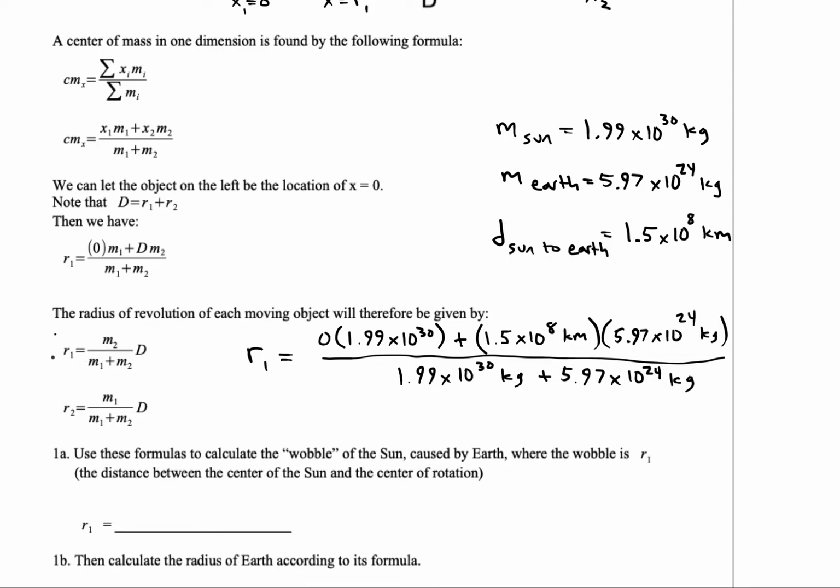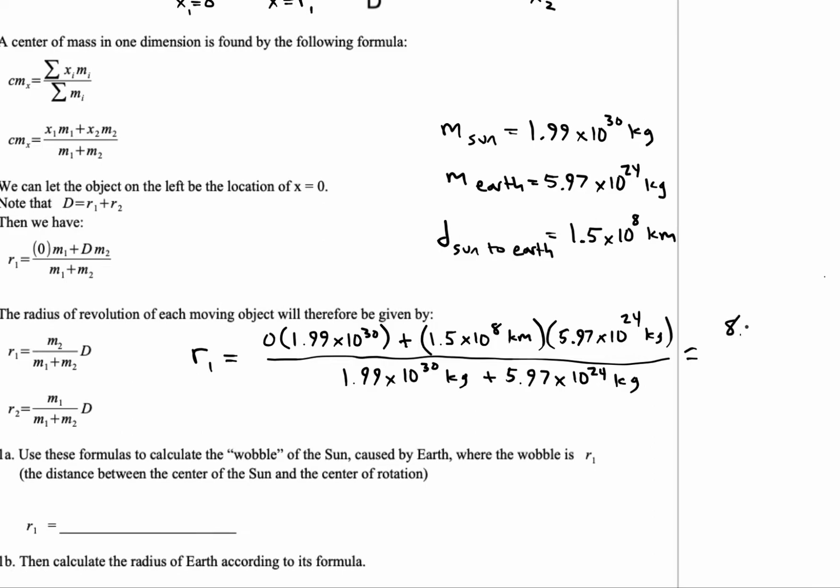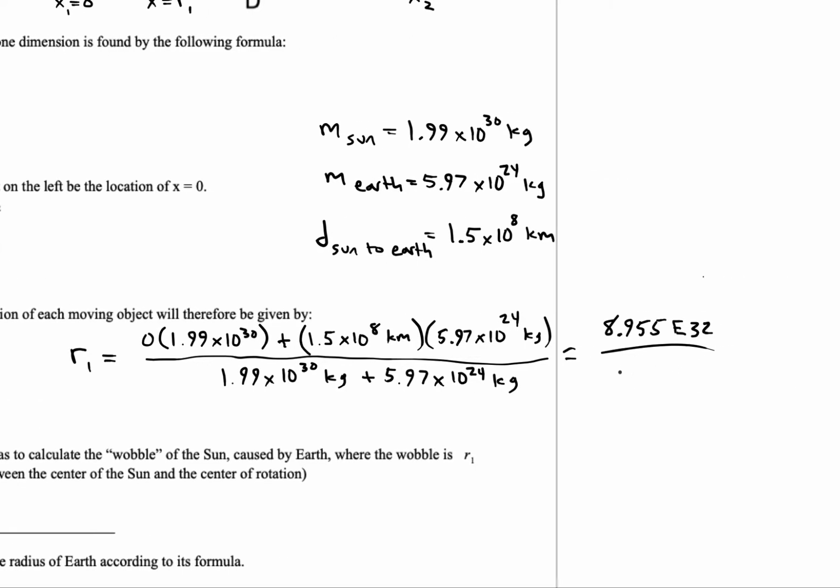Could be simplified into this formula if you wish. Let's find out what it is. 8.955 times 10 to the 32 on top. It's basically 1.99 times 10 to the 30 on bottom, because this is insignificant compared to this.